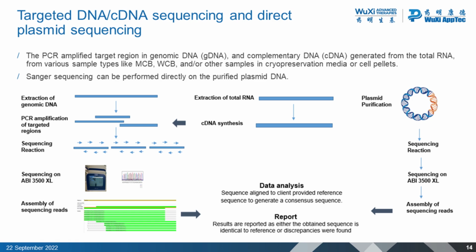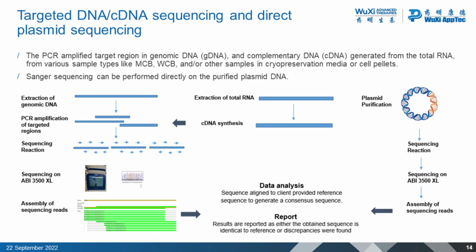To go into a little bit more detail about how the Sanger sequencing process works, I'm going to walk through the workflow quickly. The PCR amplified target regions in the genomic DNA or the complementary DNA generated from total RNA is used for the Sanger sequencing.